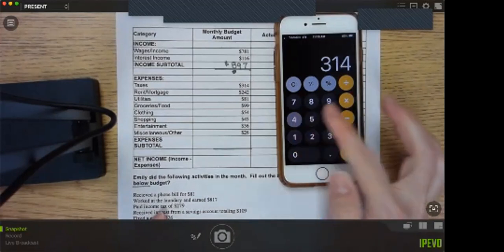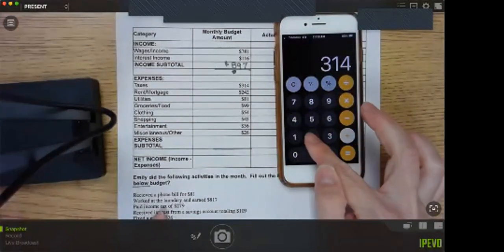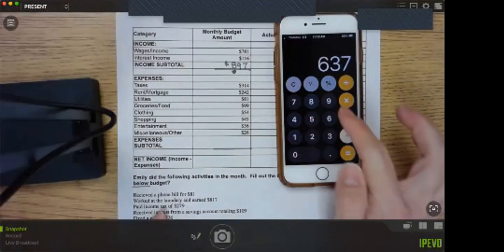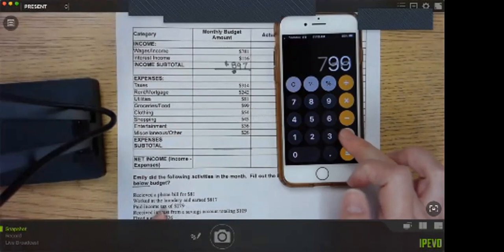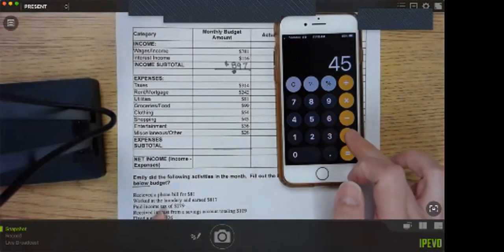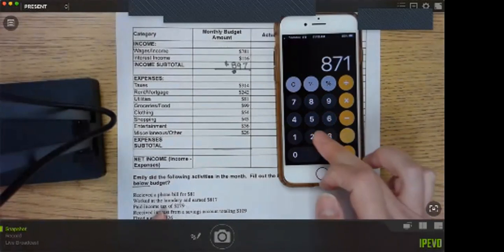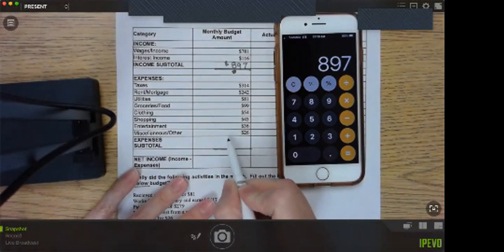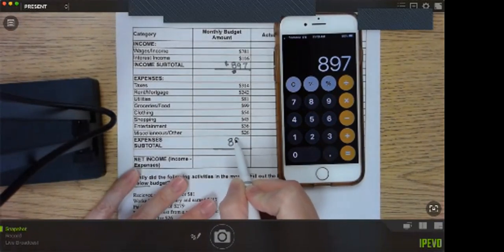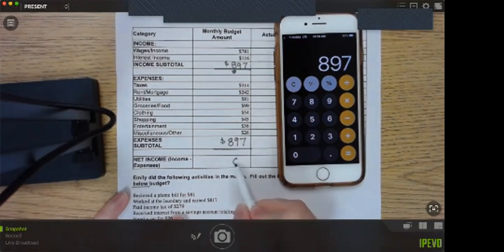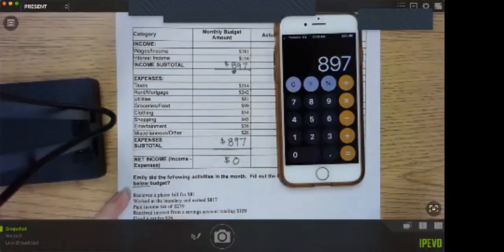So 314 plus 242 plus 81 plus 99 plus 54 plus 45 plus 36 plus 26 equals. So for her budget, she budgeted every penny of her income to go to bills. So there is $0 in differences, okay?